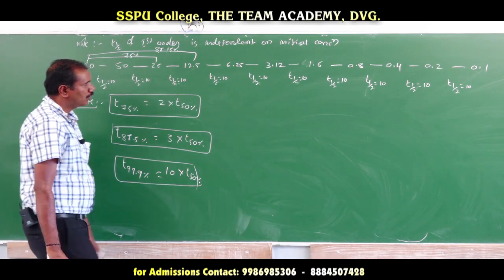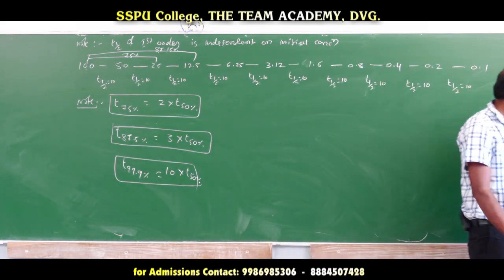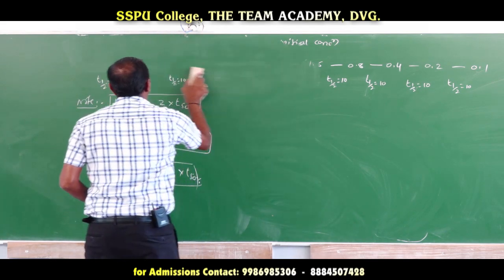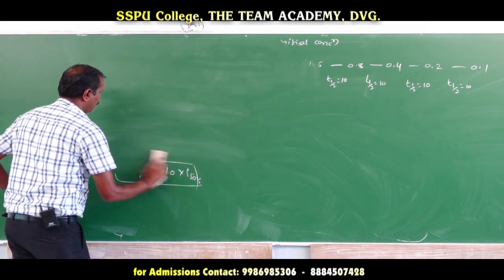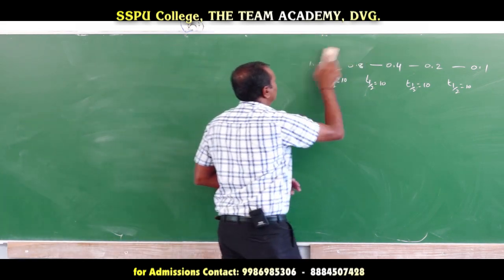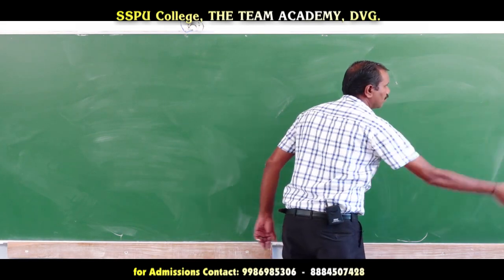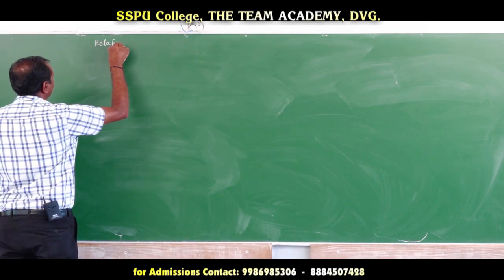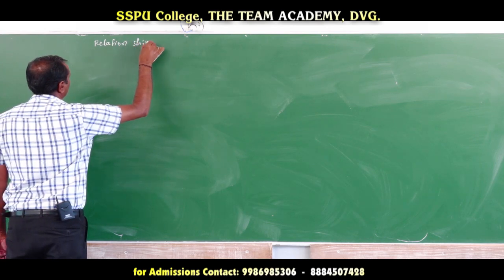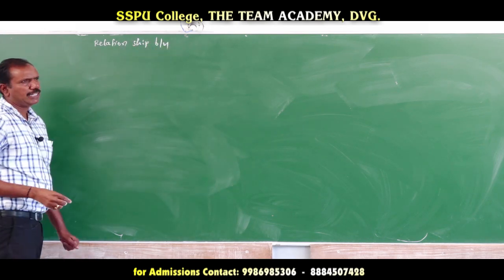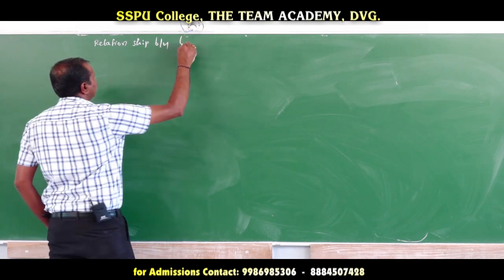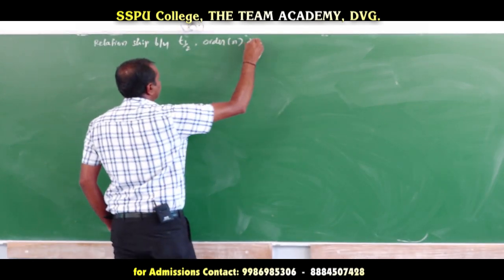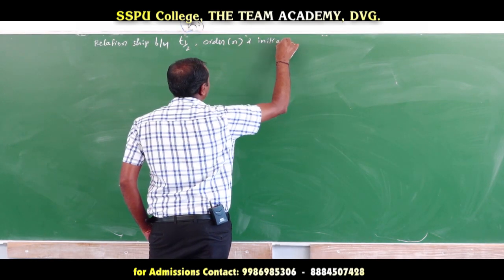Then we'll go for the relationship between half-life T of order, that is n, and initial concentration.